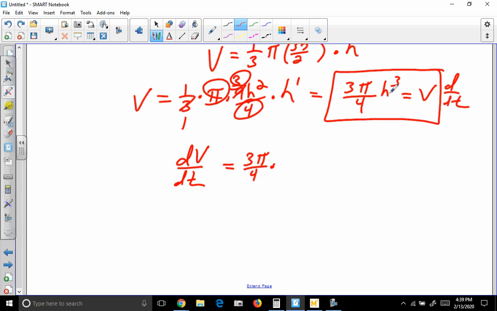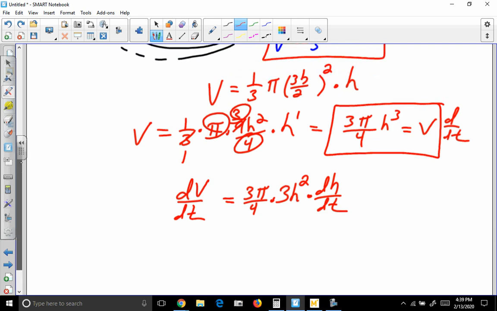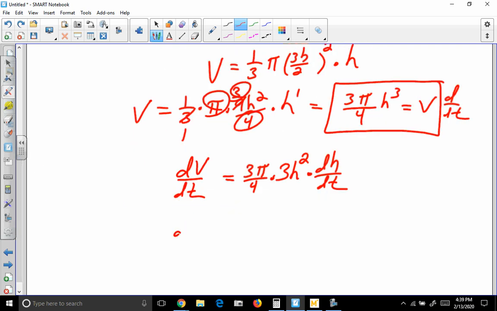The derivative of something to a power is bring down the power, do our base to the one less power, and then multiply it times the derivative of the base. The derivative of h with respect to t is dh/dt. So simplify that: dV/dt equals 3 times 3, which is 9, times pi over 4, times h squared times dh/dt.